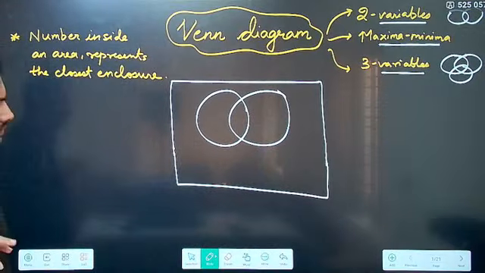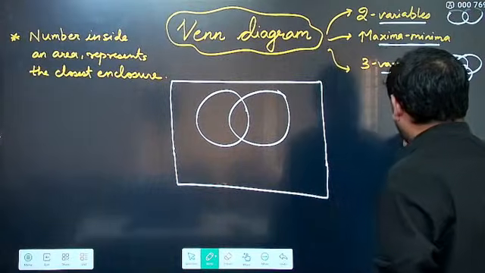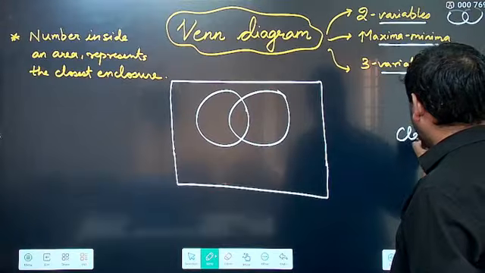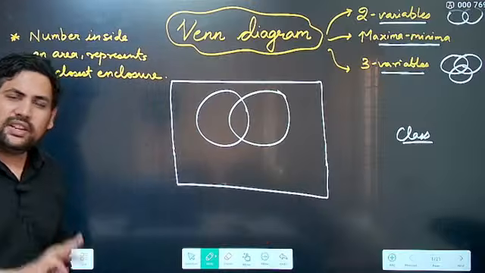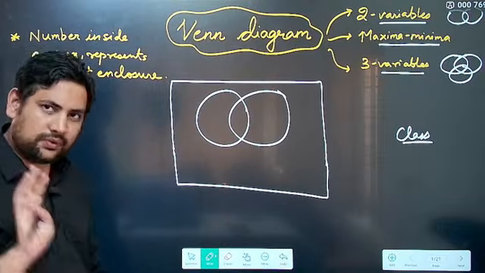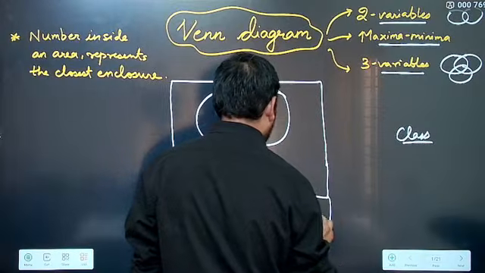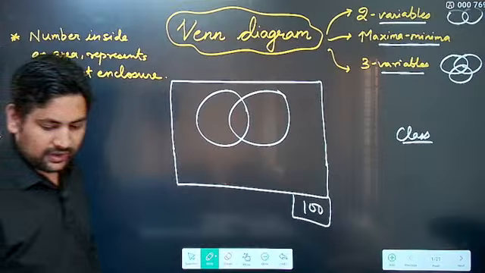Now let's say this is a class, and this class has 100 students. If this class has 100 students, the first thing you should do is write 100 here, on the outside. This is the number of people who are enrolled for the classes.